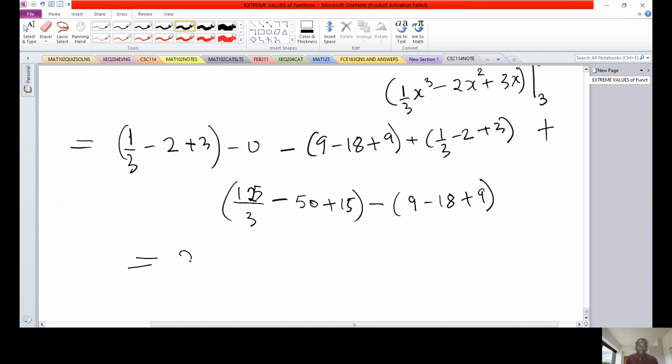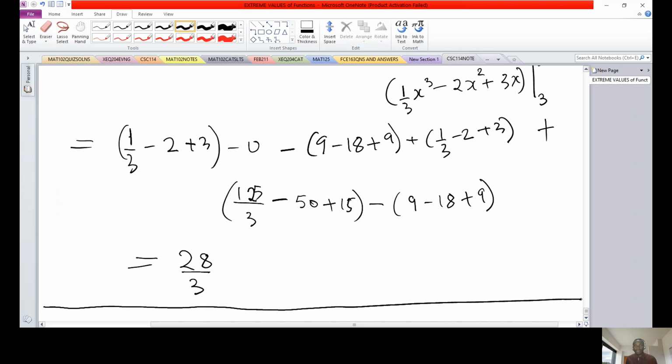So when you work out everything, you get 28 over 3. So this is how we carry out integration of absolute value functions.